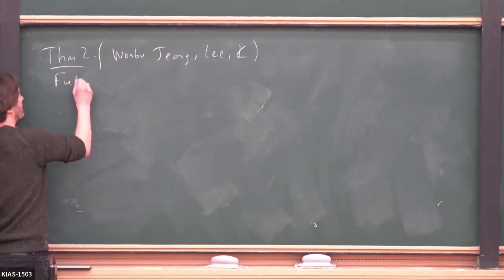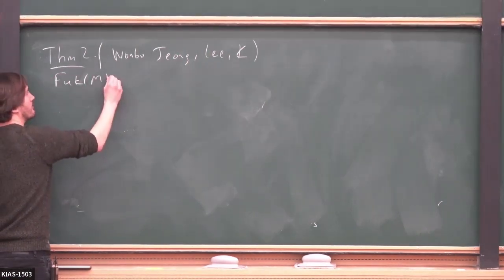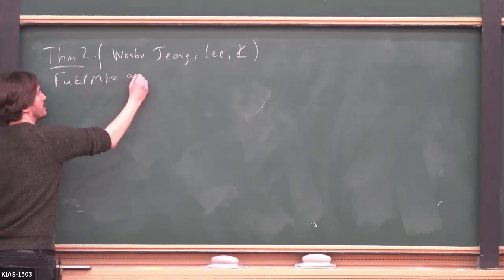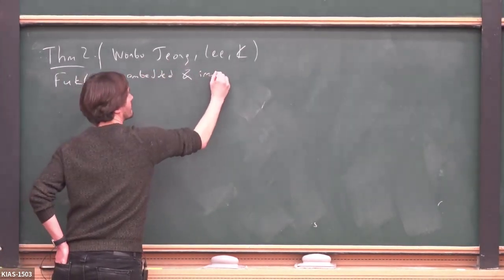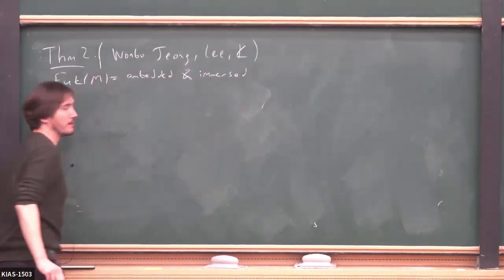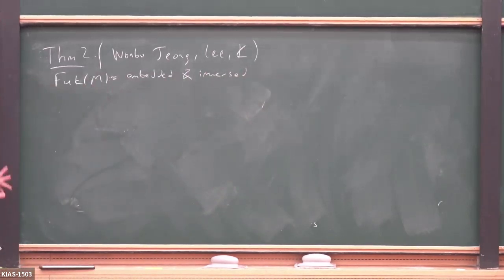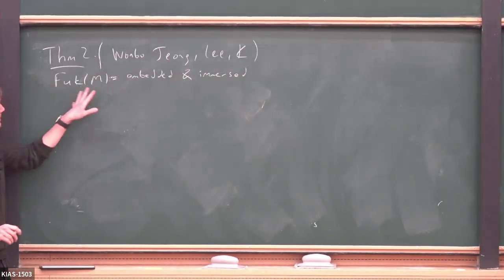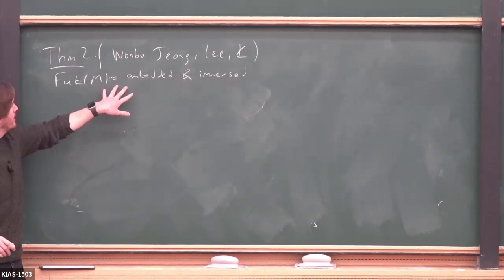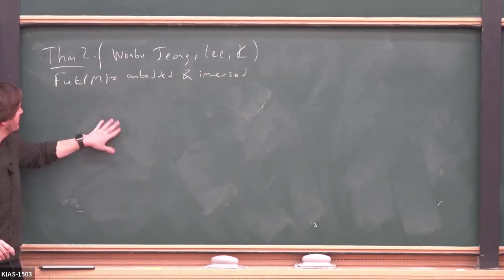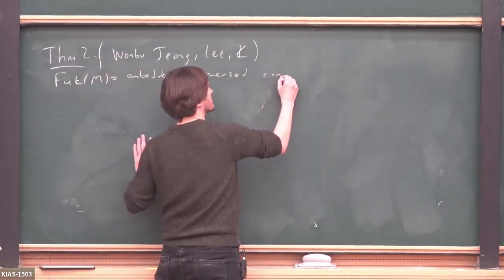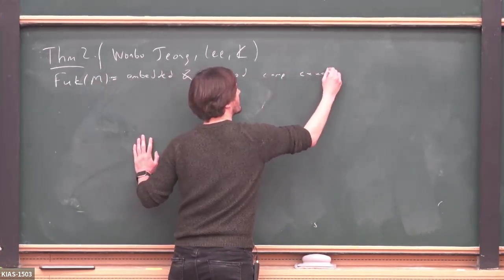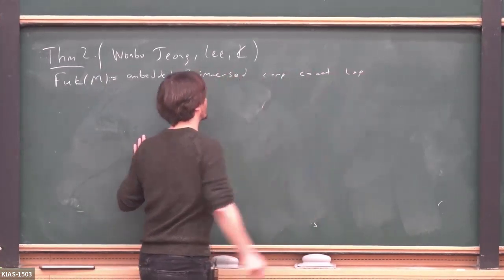You define the compact Fukaya category, with the definition also embedded and immersed. You define the Fukaya category like this: compact Lagrangians, the category of those Lagrangians.